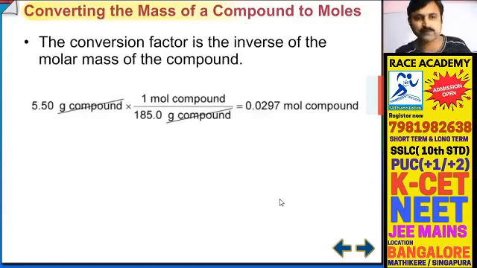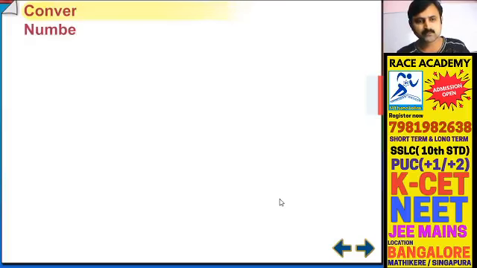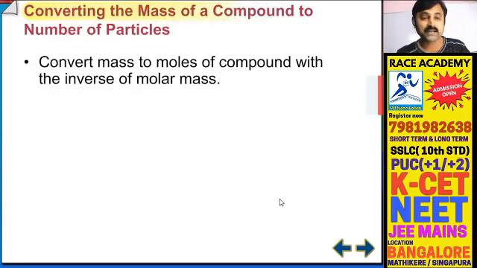For example, 5.5 grams of a compound is given. Molar mass is 185. Then how many moles is there? 0.0297 moles of the compound is obtained here. That is one thing. Now, number of particles.